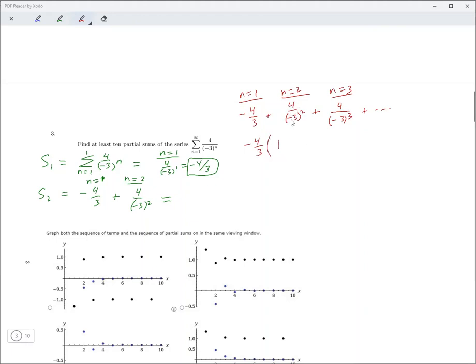If I factor a negative 4/3 out of here, then I'll have plus 4 over negative 3, with parentheses around it.